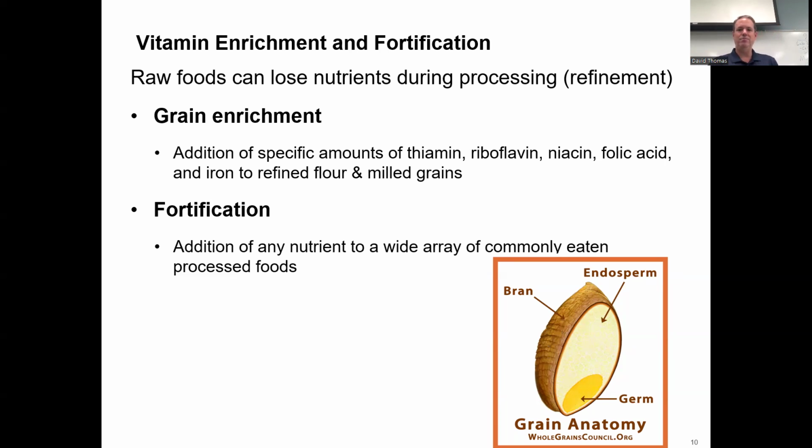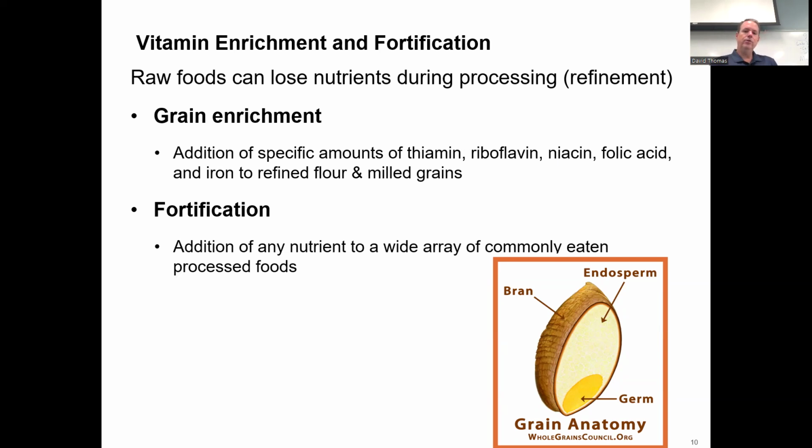For example, a lot of the B vitamins, thiamine, riboflavin, niacin, folic acid, and then the mineral iron, a lot of times are added back to grains, and that's called enrichment.